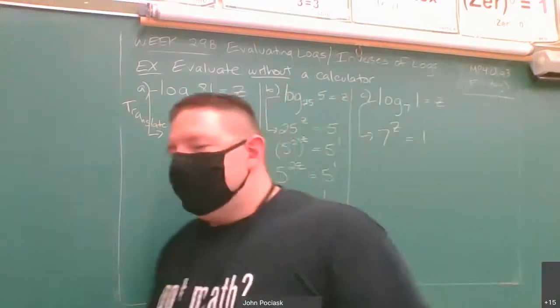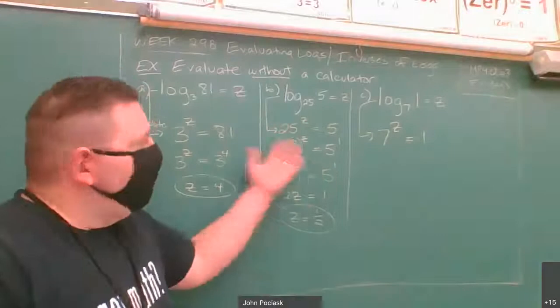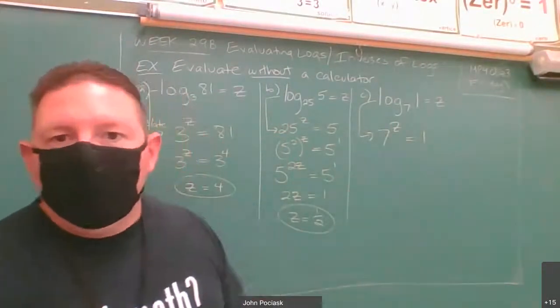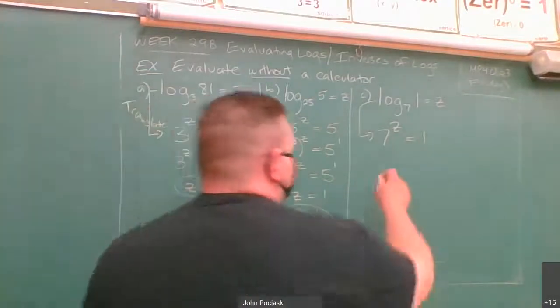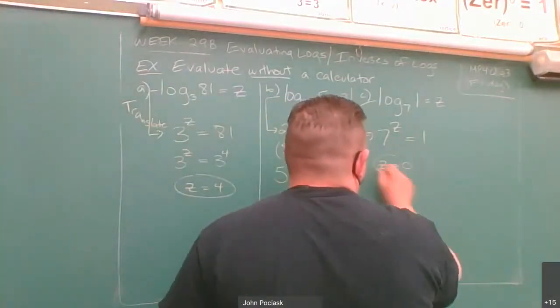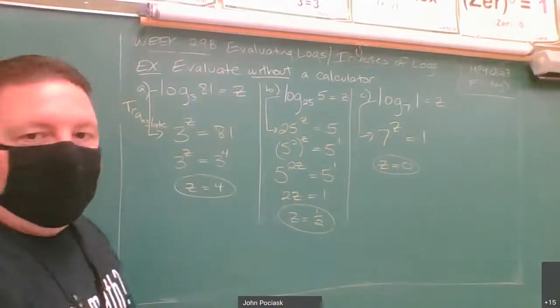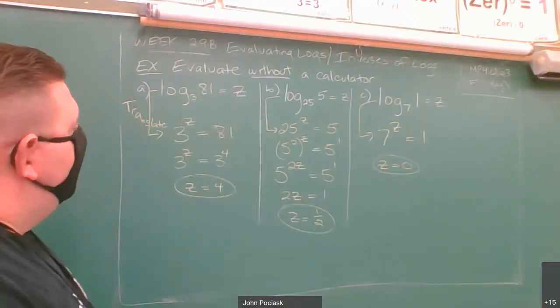And there is no fancy rewriting of it. You need to know that anything to the 0 power is equal to 1. That's it. Z is 0. So either you know that fact or you don't.